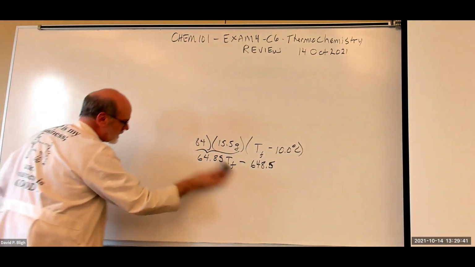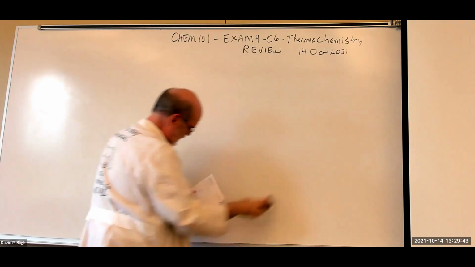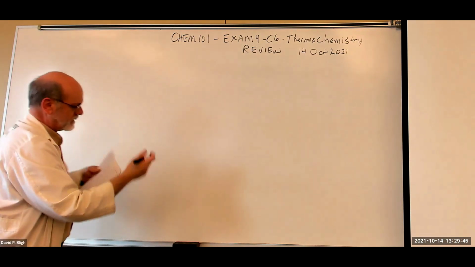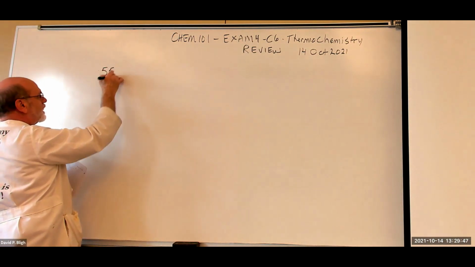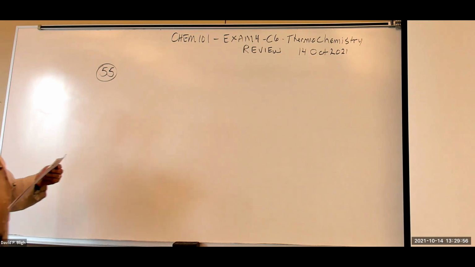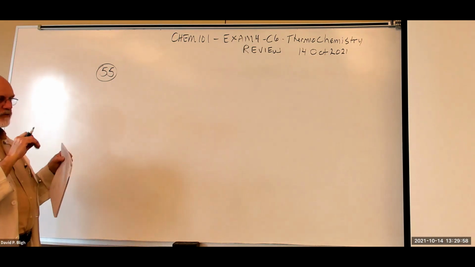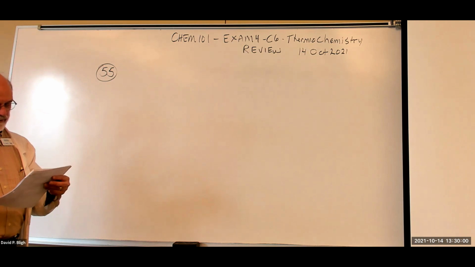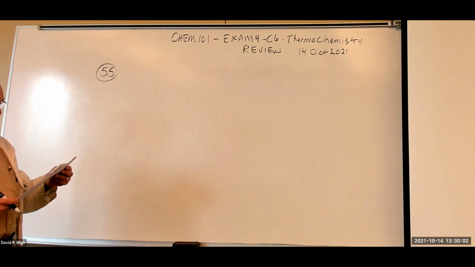But in this case, number 55, using these fill-ins, A, B, C, and D, it helps to remove the complexity from the problem so that you can actually see what's going on.